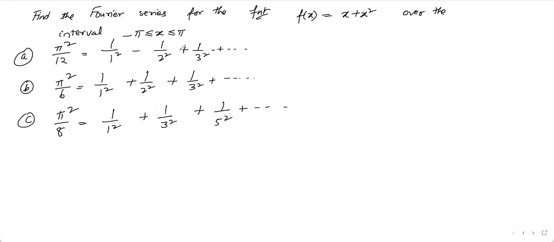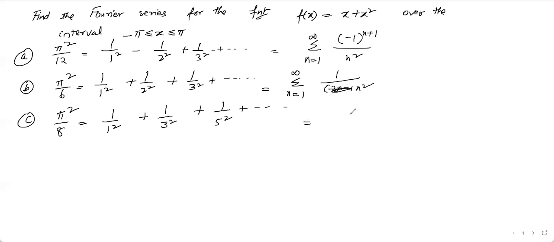Also we have to get the results for pi squared by 12, pi squared by 6, and pi squared by 8. Pi squared by 12 is the summation of n is equal to 1 to infinity of minus 1 to the power of n plus 1 by n squared, and pi squared by 6 we have summation n is equal to 1 to infinity 1 by n squared.